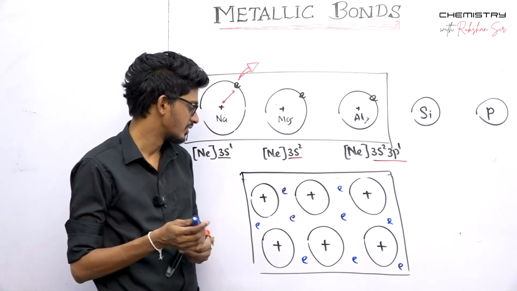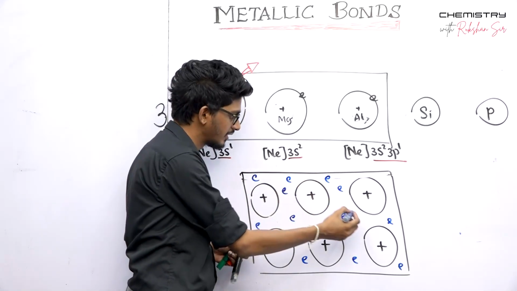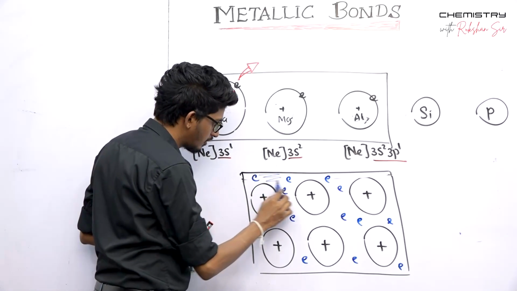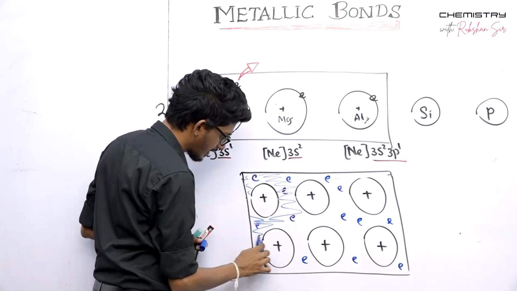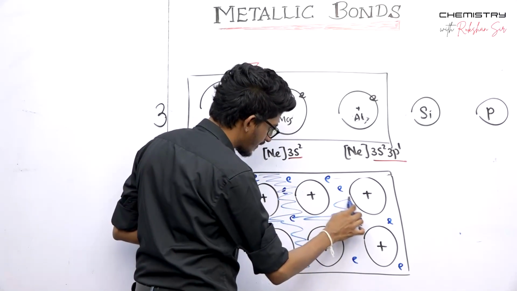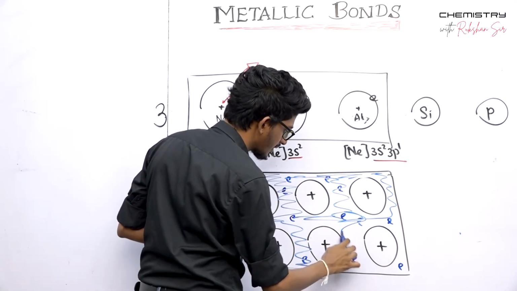This is the nature of a metallic lattice. You would see the sea of electrons appearing like this, the electron sea. Metal cations are dipped in a sea of electrons. That is how a metallic lattice is formed.